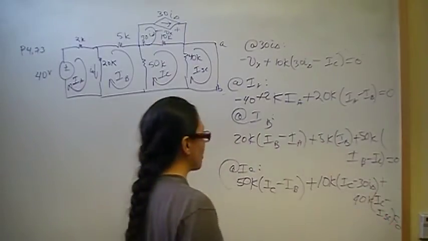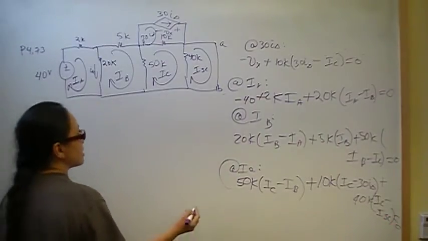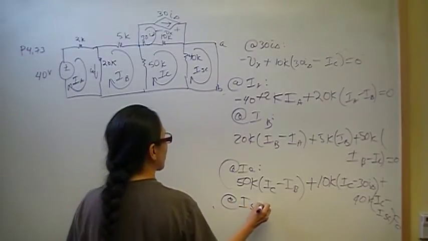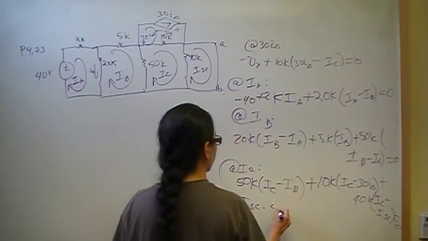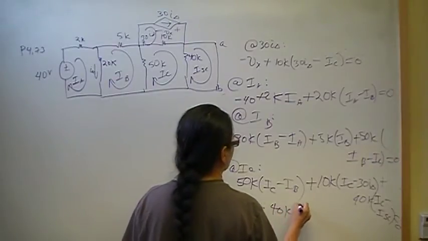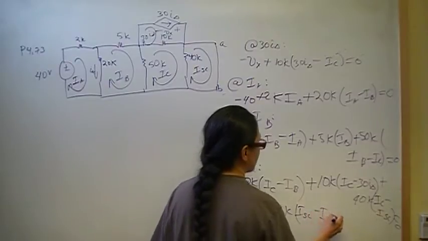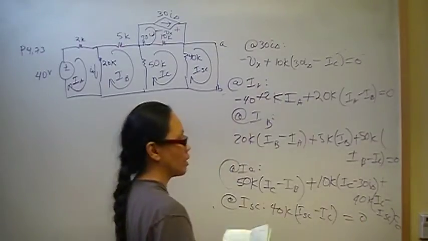That's equal to 0. And then lastly, my mesh equation at I short circuit is 40K times I short circuit minus IC, equal to 0.